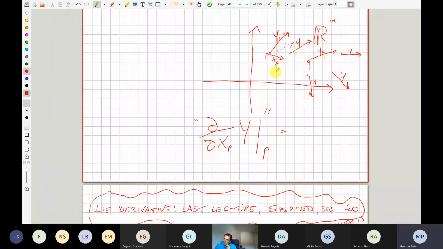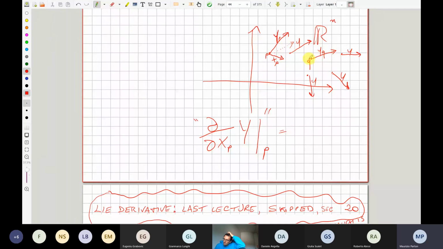I'm implicitly stating that this tangent space and this tangent space can be connected by a canonical map, related to some notion of parallelism.